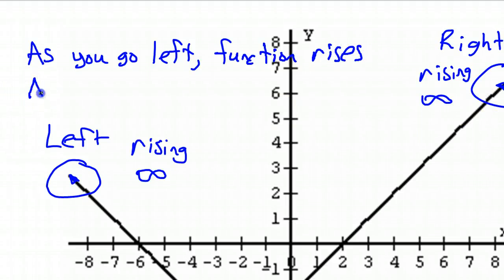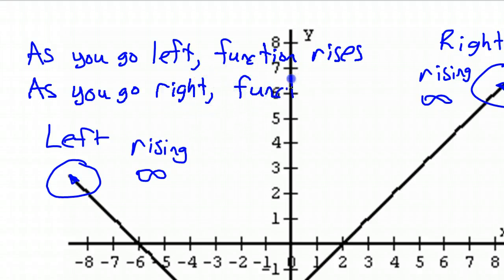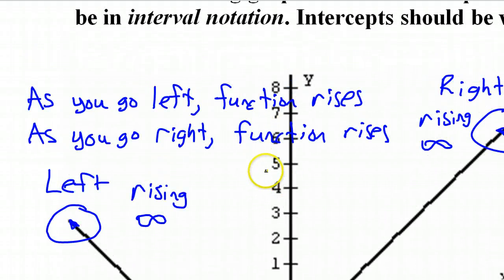And in this case, for the other end, as you go right, the function rises. In words, that's the concept of end behavior. What happens as you go left? Oh, it rises. What happens as you go to the right? The function rises. But there's an official mathematical symbol system that we use instead of these English words.